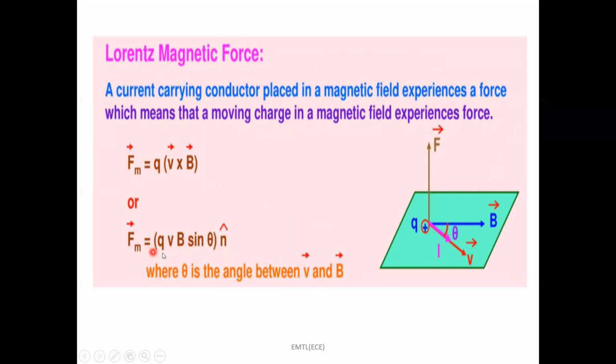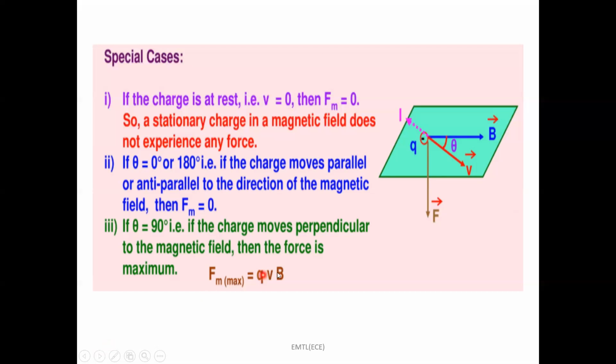So Fm is equal to QVB, and this force is maximum. The suffix max means the maximum force exerted by the moving particle when the velocity and magnetic field are perpendicular. So these are the special cases we discuss in the Lorentz magnetic force.